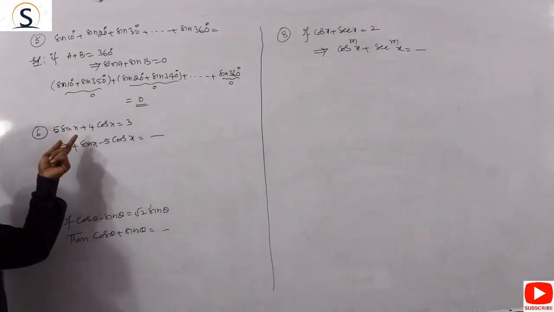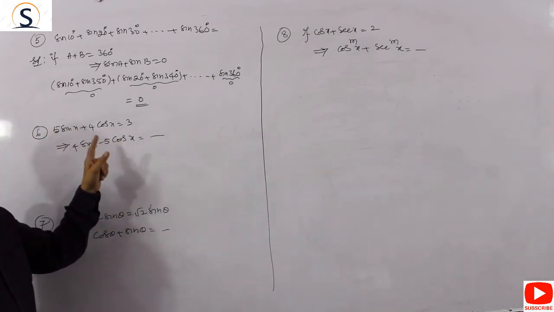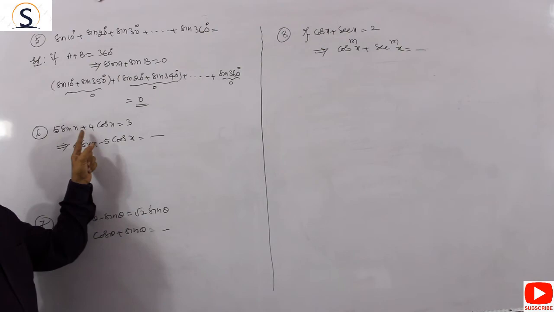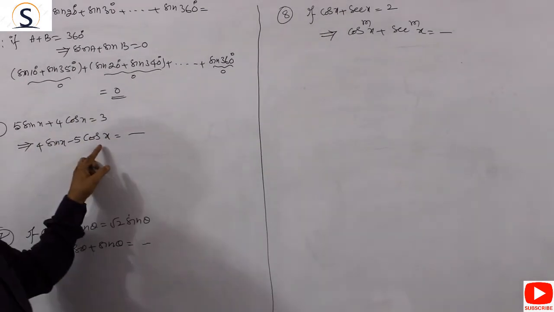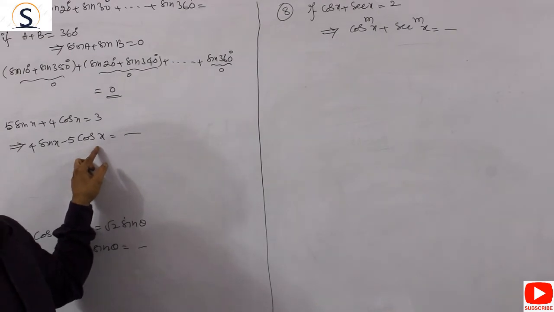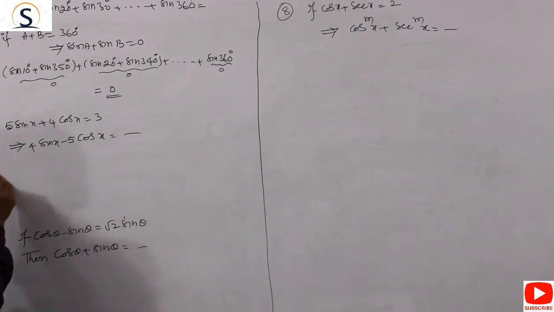Now, we have discussed in formulas: a cos theta plus b sin theta is equal to c. Then a sin theta minus b cos theta is equal to plus or minus root of a square plus b square minus c square. That is the formula we have seen.